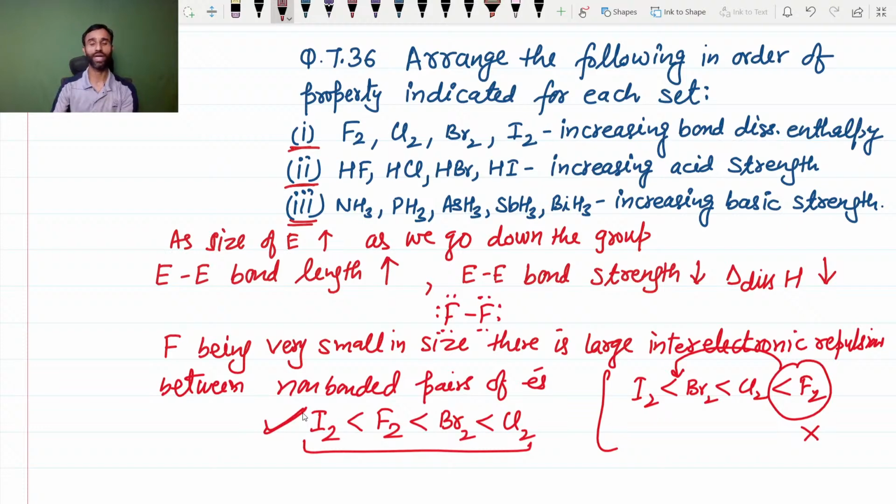As we go down the group, which acid gives H plus ion readily, easily? As we go down the group, the size of the element increases, so the hydrogen-element bond length increases.